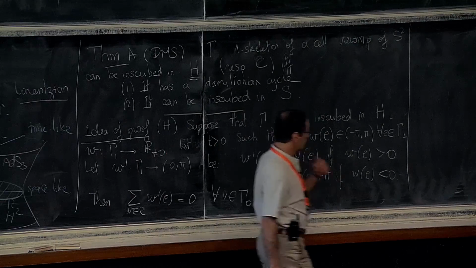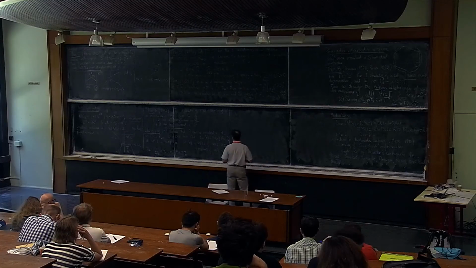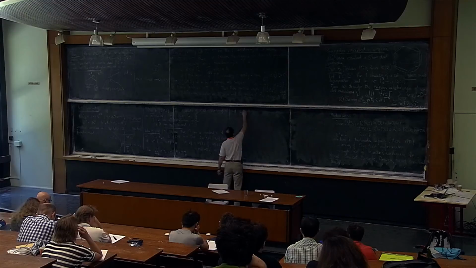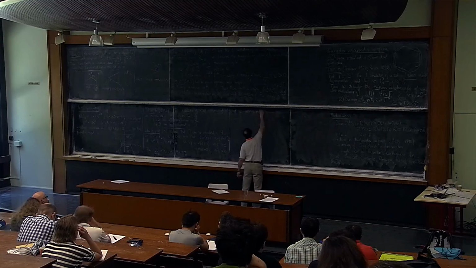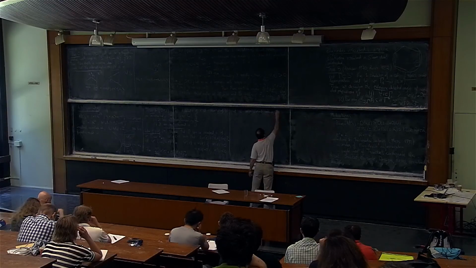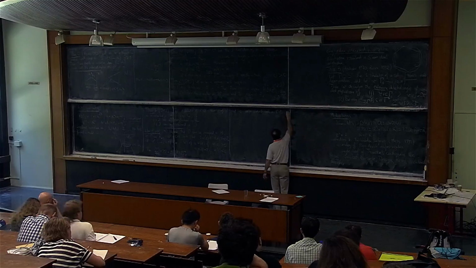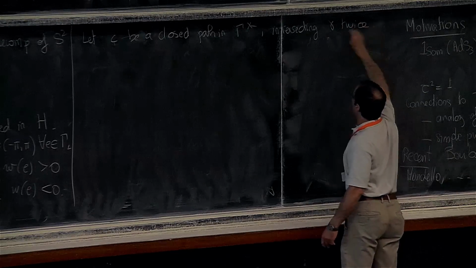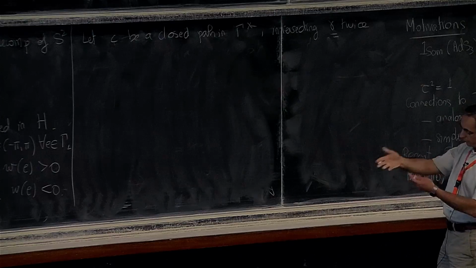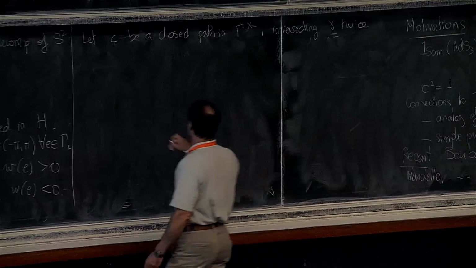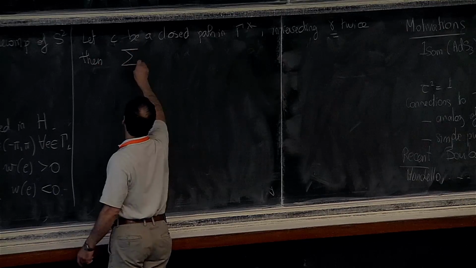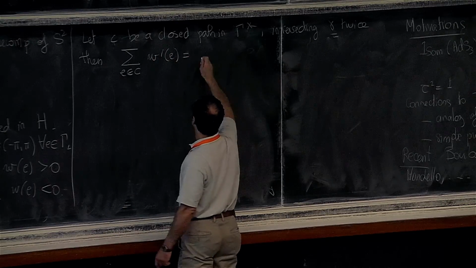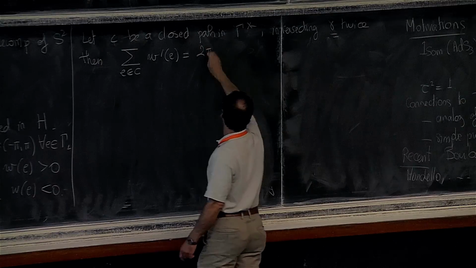Now, there is some other condition. If I take any closed path C in gamma star, and I suppose that it intersects gamma twice, where gamma is this equator, the path of edges where all the values of W are negative, then the sum over E in C of W prime of E is, well, actually it's 2 pi, because you have exactly two intersections.